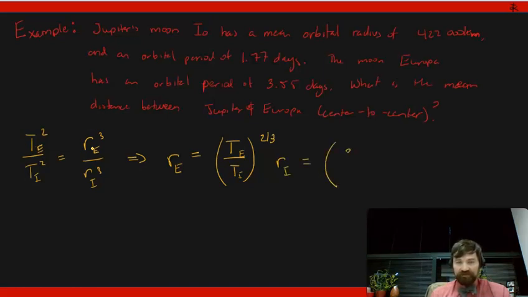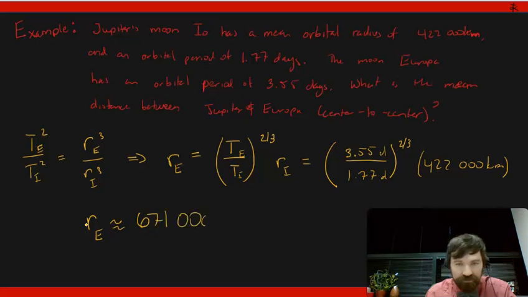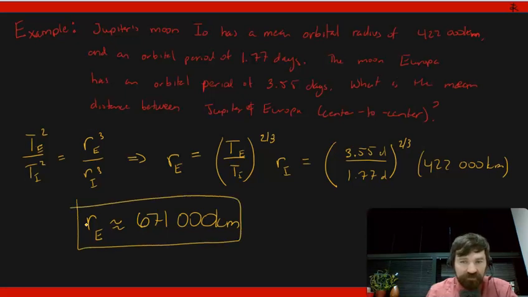So that is 3.55 days divided by 1.77 days to the 2/3 power times 422,000 kilometers. Putting that into a calculator, we get that the mean orbital radius for Europa is about 671,000 kilometers.